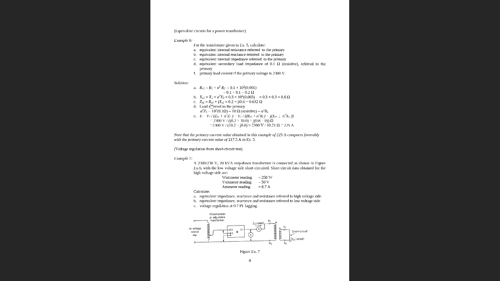The resistance is 0.2 ohms, the reactance is 0.6 ohms. So they give 0.2 plus j0.6 ohms. Their total value is 0.632 ohms. Of course, their impedance angle can be found here.